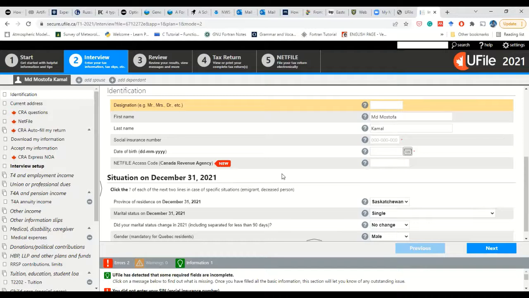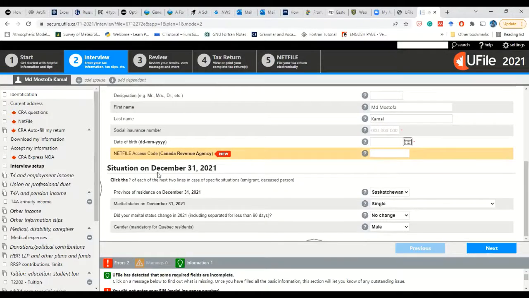But in any case, if you have submitted a tax return in earlier years, then you have a notice of assessment that the Canada Revenue Agency sent after you submitted the tax return. In the top right side, I think you will get an 8-digit code number, which is called the access code number. You need to provide this access code number here. The Canada Revenue Agency submits a 2-page notice of assessment for every tax return submitted, so you can get the access code number from that notice.